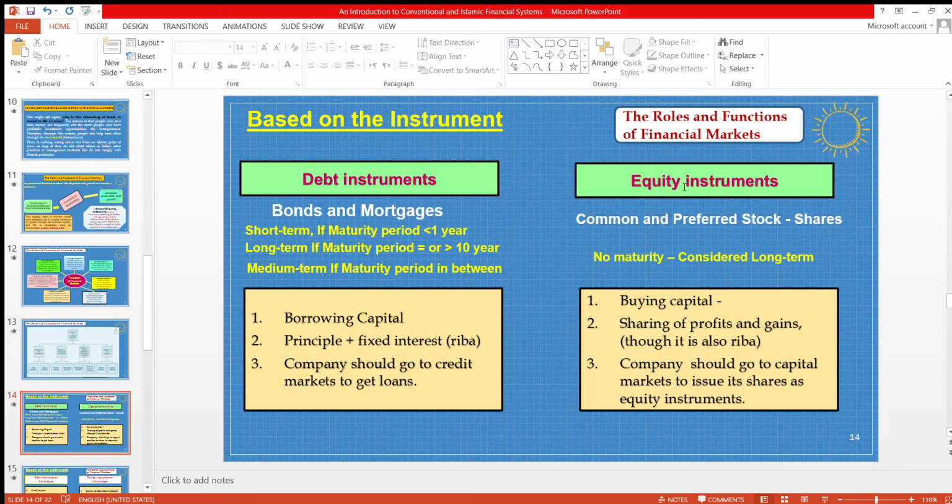And the equity instrument. When we say equity instrument, there are two types: common stock and preferred stock, because both show ownership. What is the difference between common stock and preferred stock? Common stock holders are the shareholders. Preferred stock means they will be preferred in the distribution of profits.